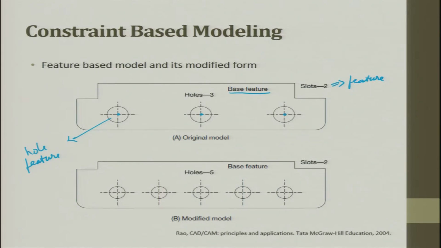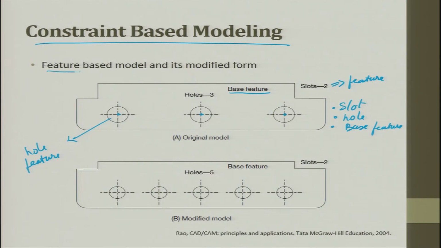You again take the base feature, and if you want to make 5 holes, you put one after the other, and 2 slots on both sides. The feature of slot is known to me, the feature of hole is known to me, the base feature is known to me. I only put the location for these features in the drawing such that I get whatever I want. This is again constraint based modeling, and here it is feature based modeling and its modified form.